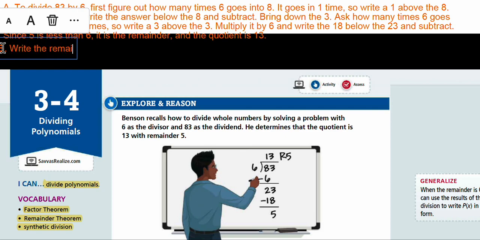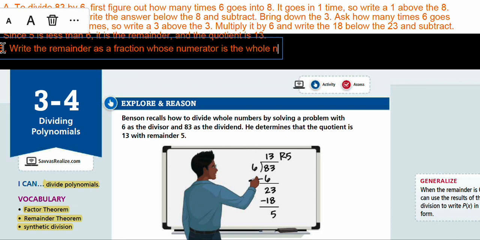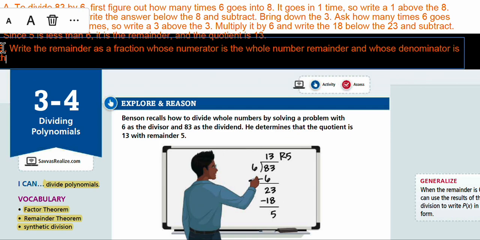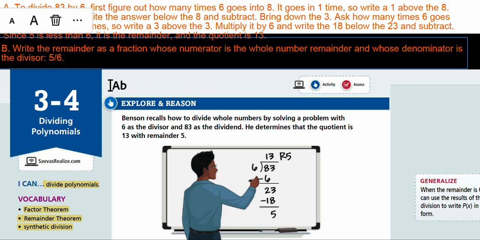Write the remainder as a fraction whose numerator is the whole number remainder, and whose denominator is the divisor. So just like 5 over 6. Okay.